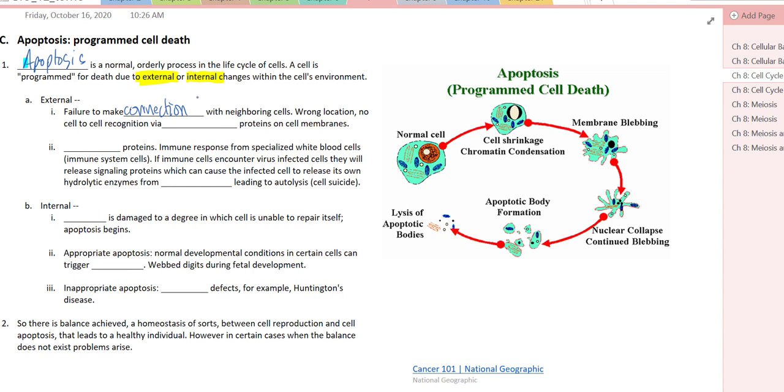Other things, wrong location, no cell-to-cell recognition via, if you remember, our receptor proteins on the surface of our cells, or specialized proteins literally involved in cell-to-cell recognition.